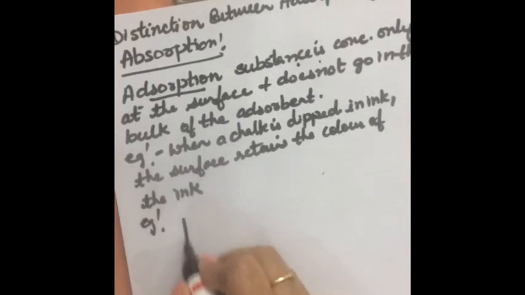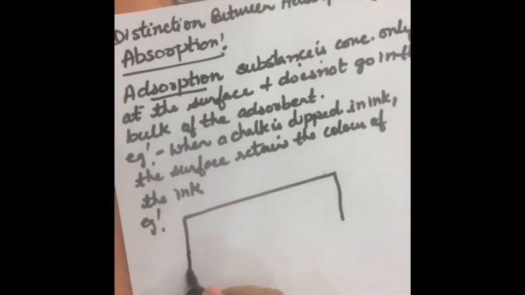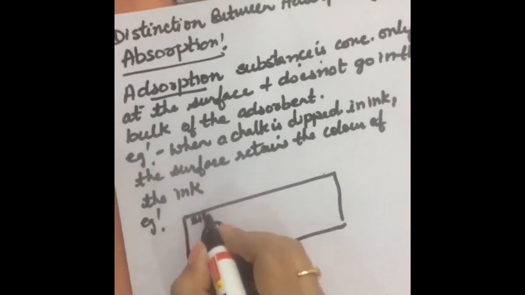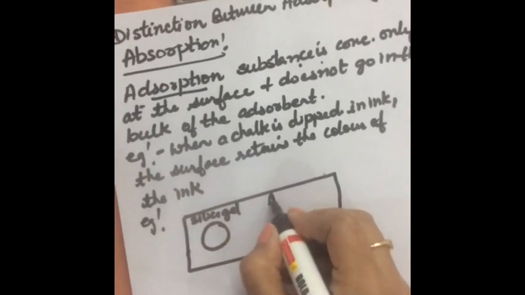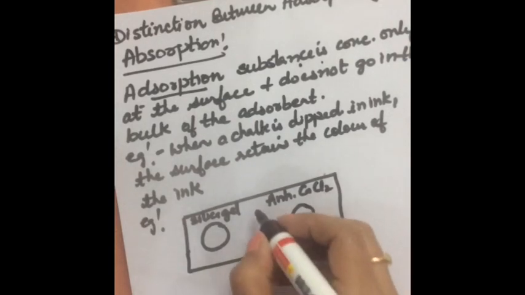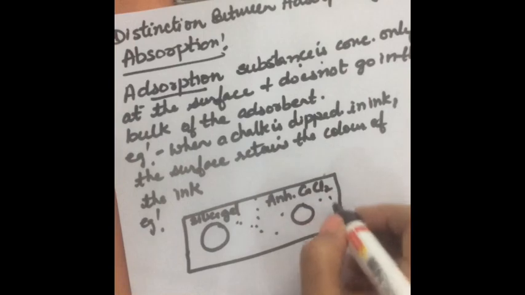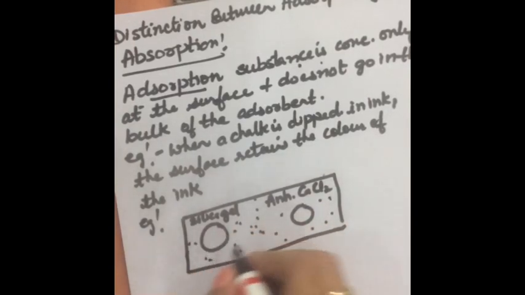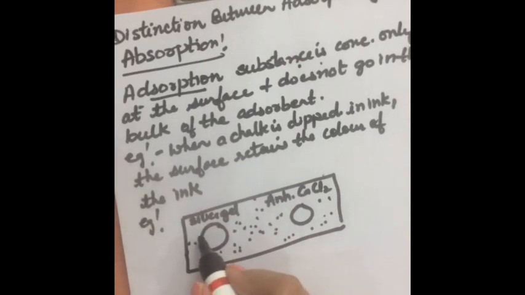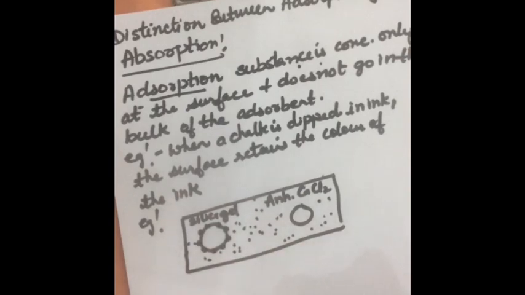Another example is, if we take silica gel and anhydrous calcium chloride and keep them in a room where there is moisture. In the case of silica gel, the moisture is attracted and retained only on the surface of the silica gel.